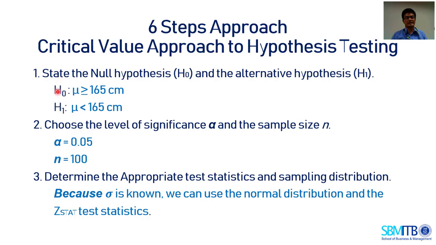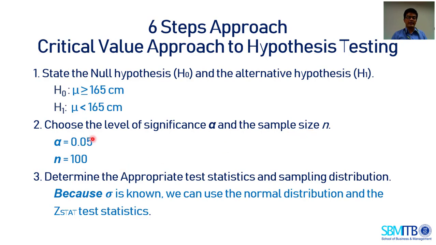The null hypothesis statement will be the mean height of Indonesian citizens is greater than or equal to 165 centimeter. Conversely, the alternative hypothesis states that the mean height of Indonesian citizens is less than 165 centimeter. Going to the second step, choose the level of significance and the sample size n.